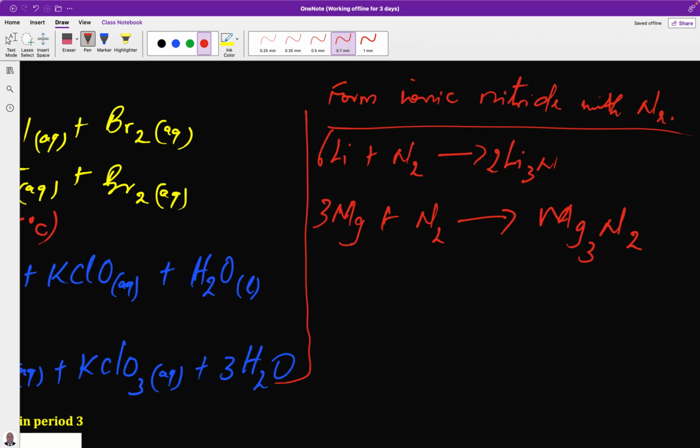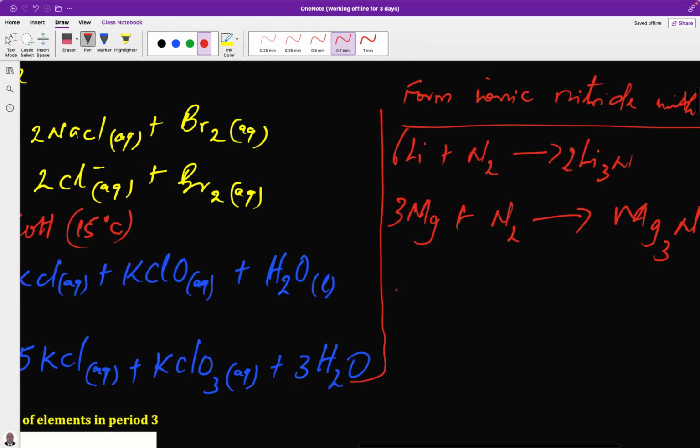Magnesium will react with nitrogen in the atmosphere to form magnesium nitride.